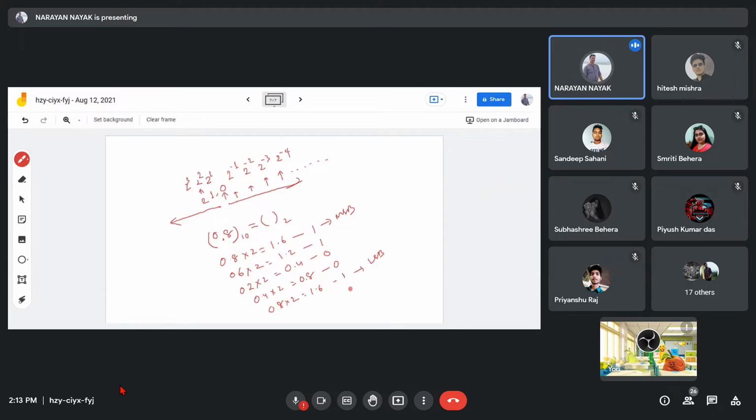Somebody can continue up to 3 points or 4 points or 5 points, no problem. So what is the answer you get? After the decimal point, 0 point, this is your MSB you have to consider, and these points you have to consider from.